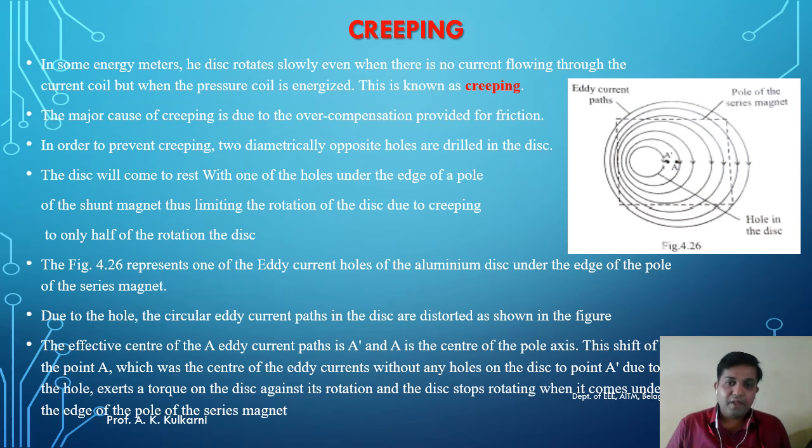In this way, we prevent additional rotation of the disc whenever there is no load on that energy meter. The effect of this rotation is nothing but the creeping effect.